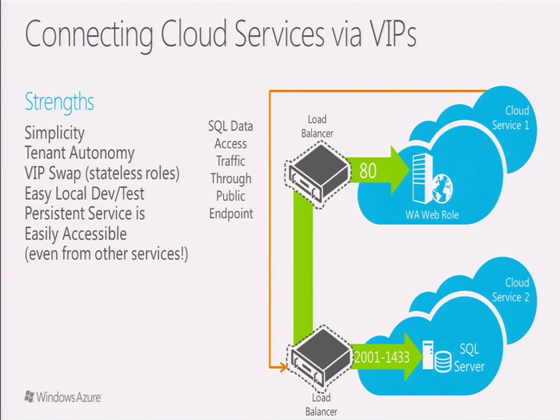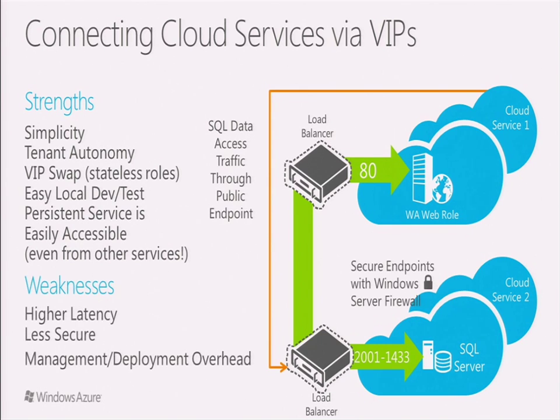We're not connecting them to the same virtual network, so they're separate networks, and we have the ability to still connect them via the VIP because they do have IP addresses. So in this case, there are secure endpoints tunneled between the two environments. There's a little bit more latency because of that tunnel, but it is still possible.